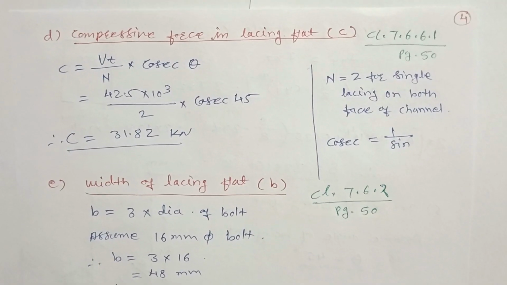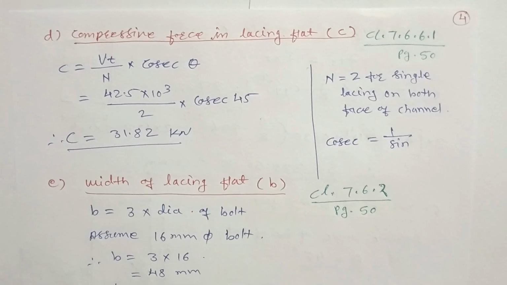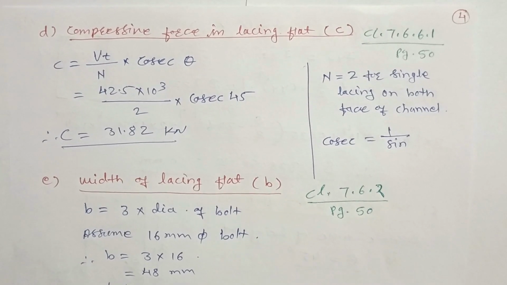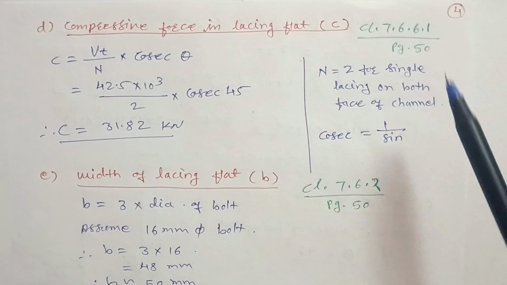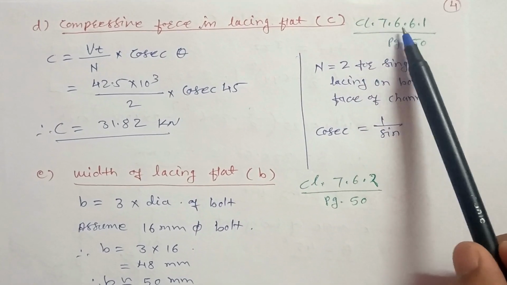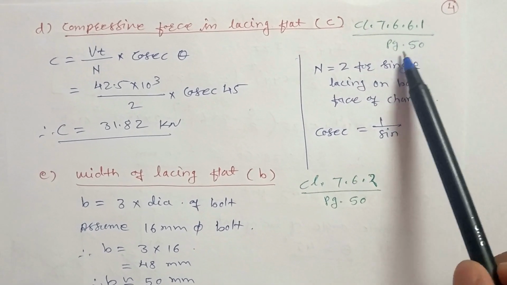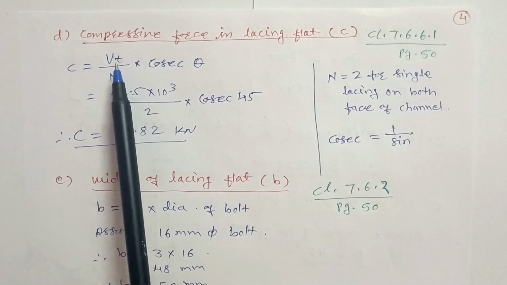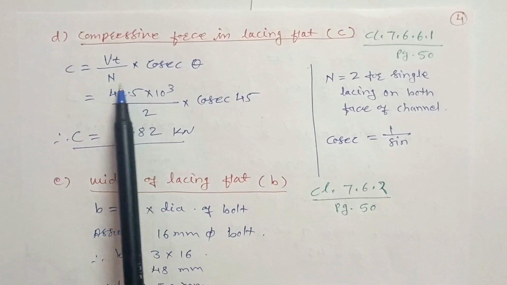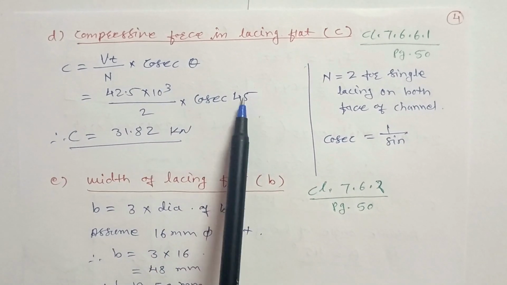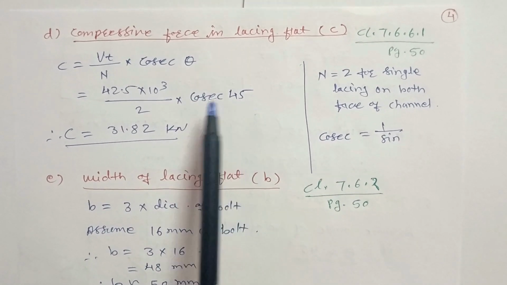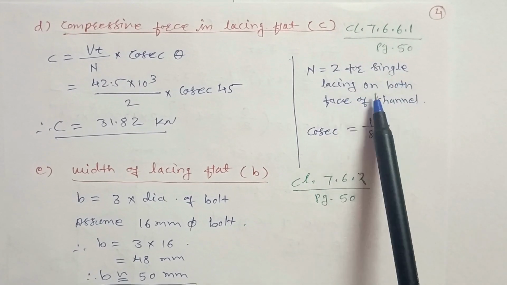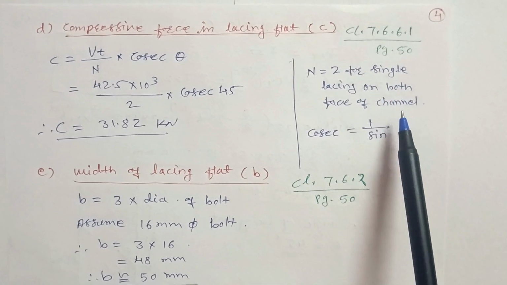After the calculation of transverse shear, we have to calculate the compressive force in lacing flat. We can indicate it as C. It is also given in clause number 7.6.6.1, page number 50 of IS 800. It is the transverse shear divided by number of lacing into cosec theta. We have assumed theta as 45 degrees, and n is 2 for single lacing on both faces of the channel.